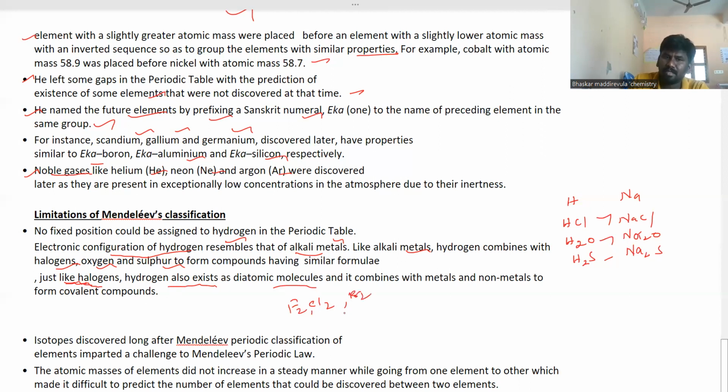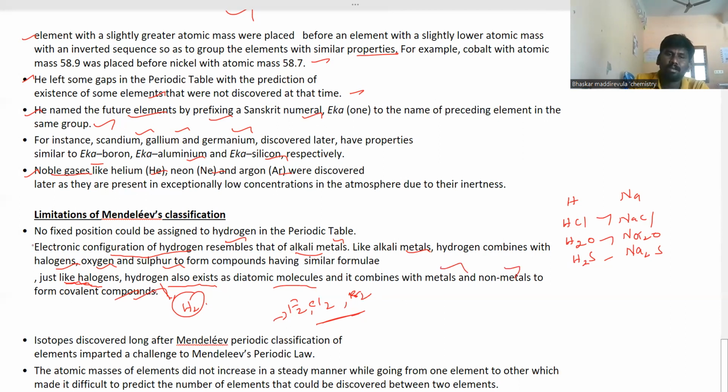Same way, hydrogen also exists in diatomic molecule form. Like halogens, hydrogen combines with both metals and non-metals to form covalent bonds. So it shows properties like alkali metals and at the same time like halogens.